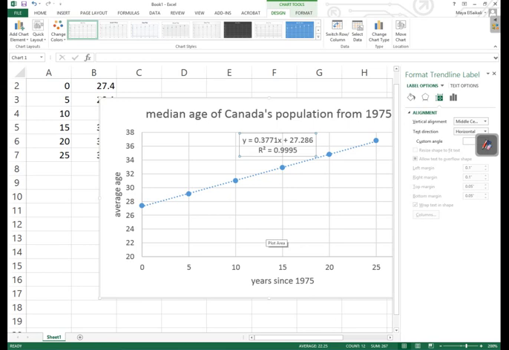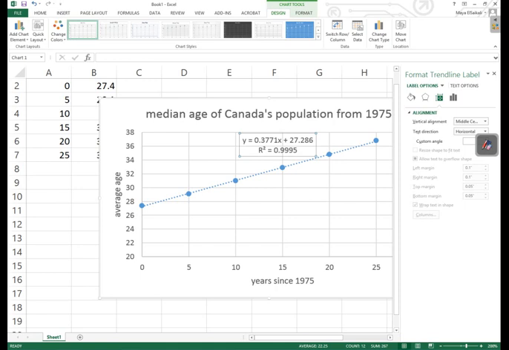That's the y-intercept, right? So that's the initial value. What is the line starting at? Why isn't the y-intercept the 27.2? Because remember that this line is not fitting your points exactly. It's the y-intercept of the line. That's right.